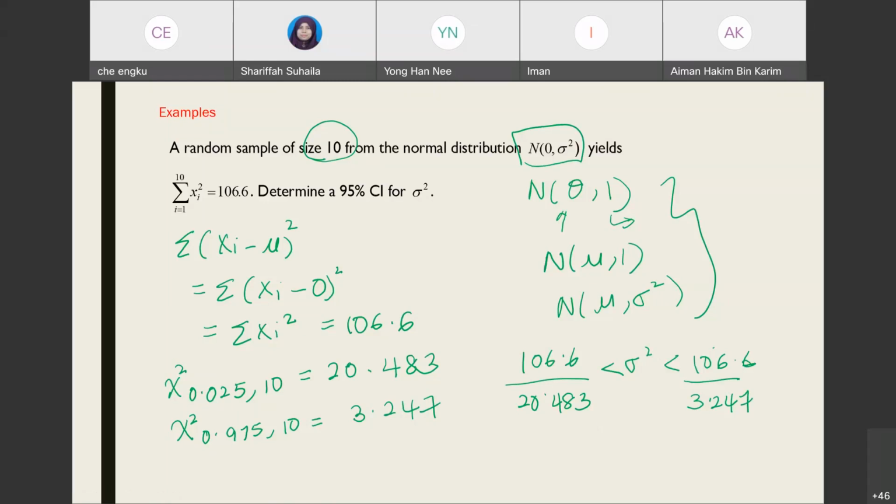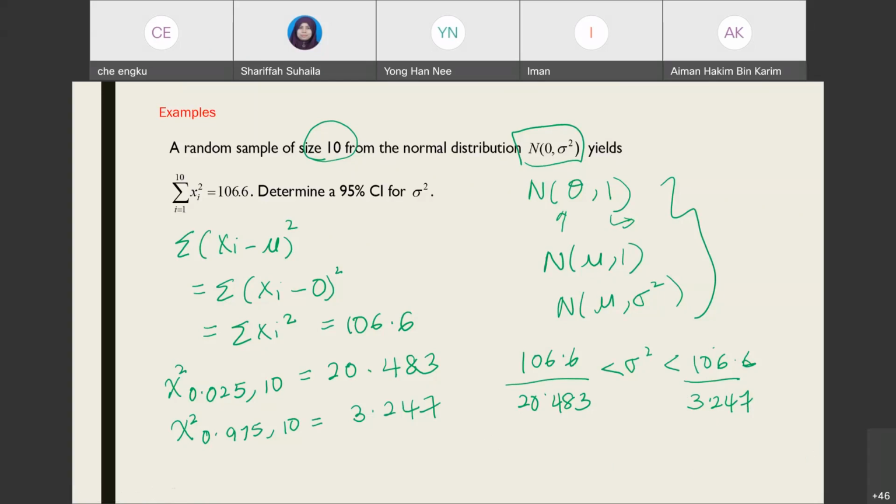But if you have other values, normally use 3 or 4 decimal places, so that the marking scheme is more consistent and easier to check. Also, for the value from the stats table, do not round it, take the whole value. Do not round 20.483 to 20.48, because we use that value. Otherwise I have to check one by one if you round to the nearest value.